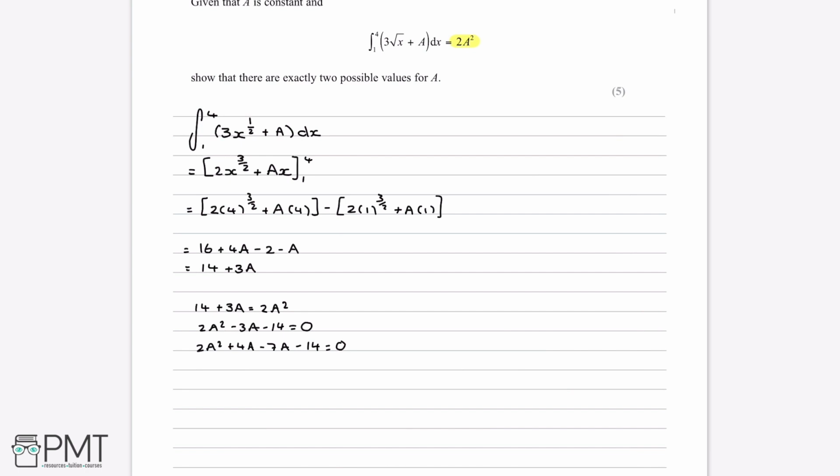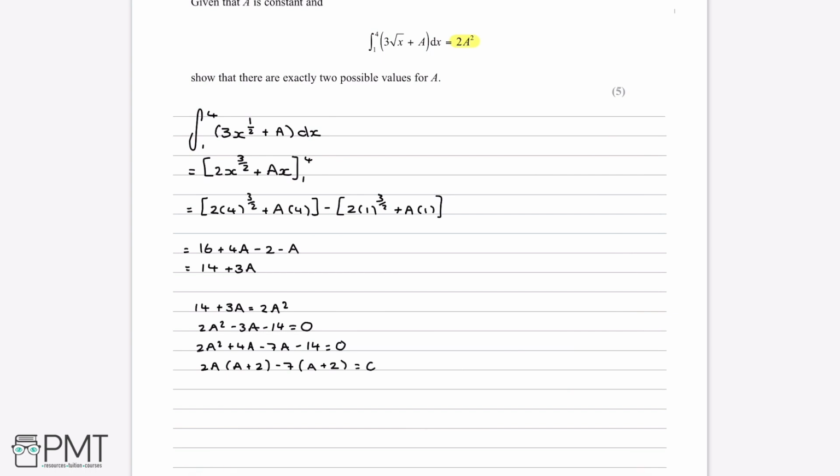So if we factorise the first half of this, the 2a squared plus 4a, 2a goes into both of these terms, so we can write it as 2a bracket a plus 2. And similarly for the last two terms, minus 7 is a factor of both. So then inside the bracket, we get the exact same thing as the other side, which should always happen, a plus 2.